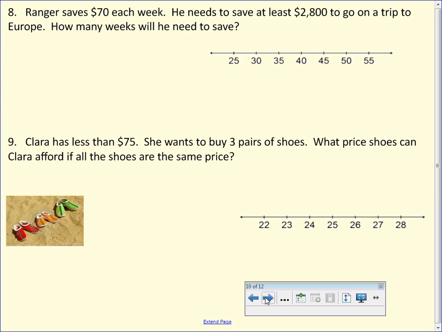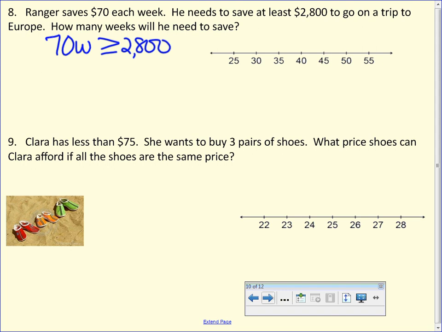Okay, let's try number 8. Ranger saves $70 per week. He needs to save at least $2,800 to go on a trip to Europe. How many weeks will he need to save? So if it is $70 each week, and he needs to raise at least $2,800. Okay, it can be equal to 2,800.